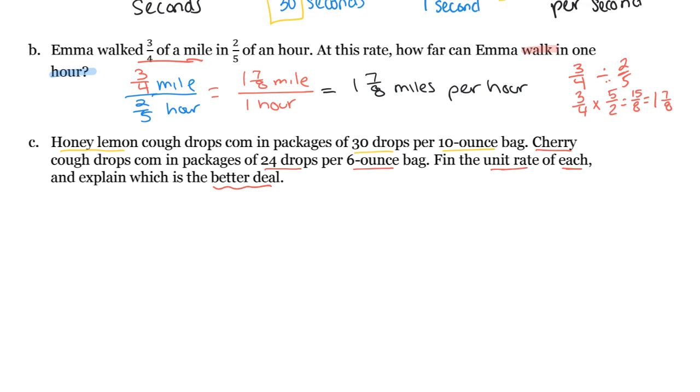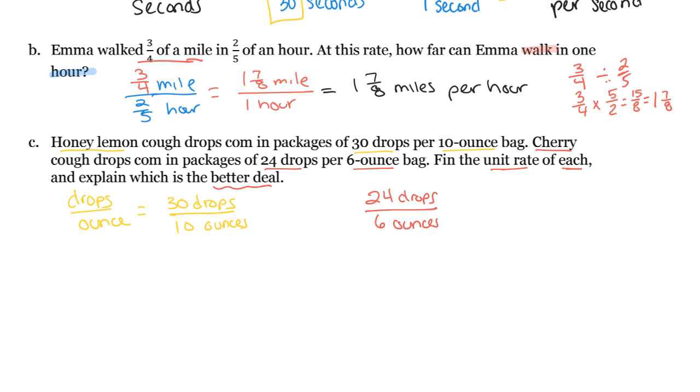We'll do drops per ounce. So we have 30 drops for 10 ounces in the honey lemon, and cherry is 24 drops in 6 ounces.